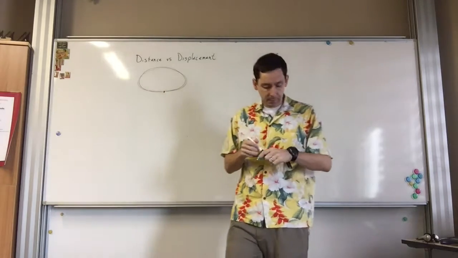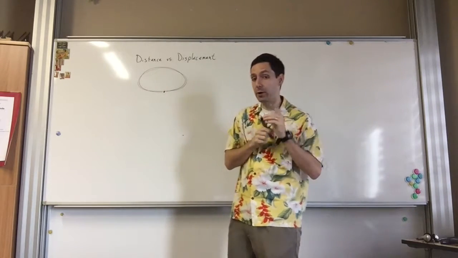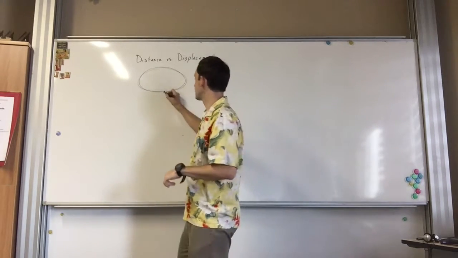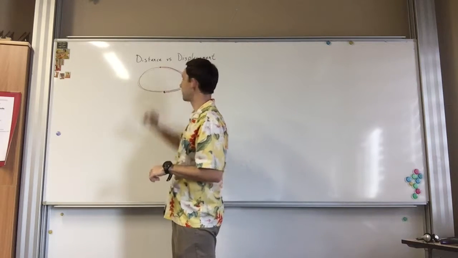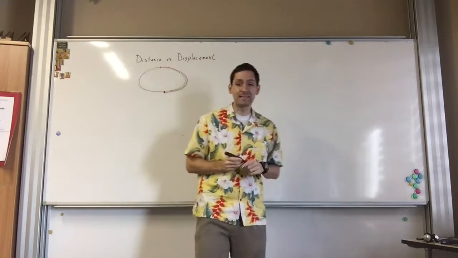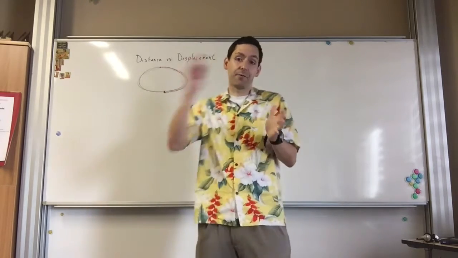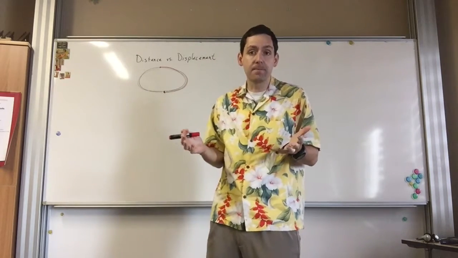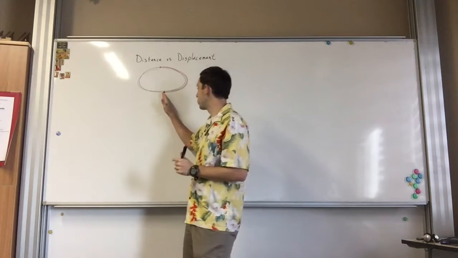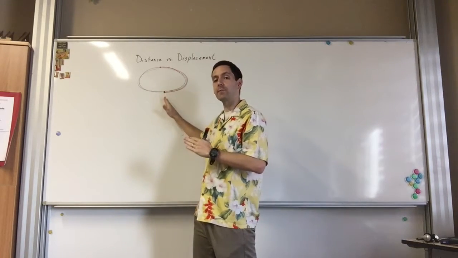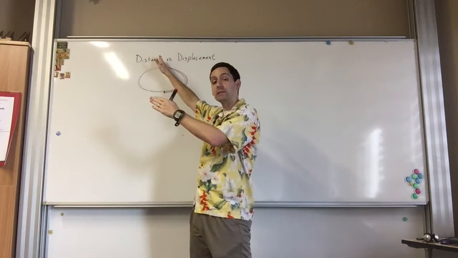But let's say for a minute that you ran halfway around the track. Okay, so I started right here and I run halfway around the track and stop right there. Again, if I want to talk about distance, I went half the track, distance is 200 meters. But if I talk about displacement, displacement is just the difference between my starting place and my ending place.